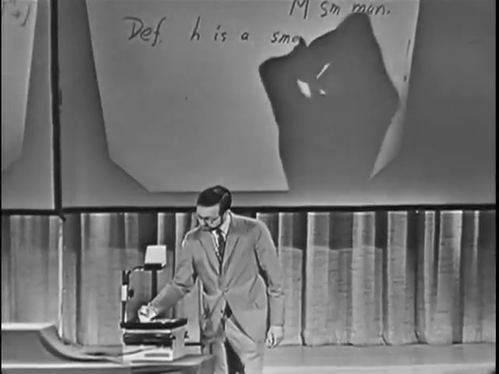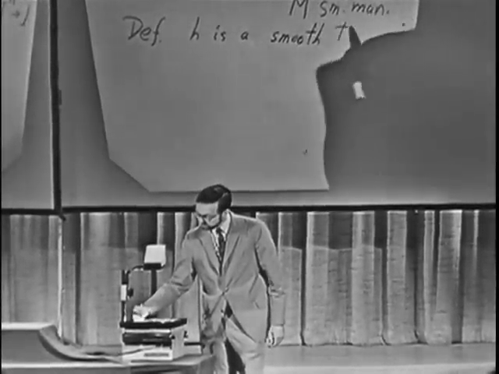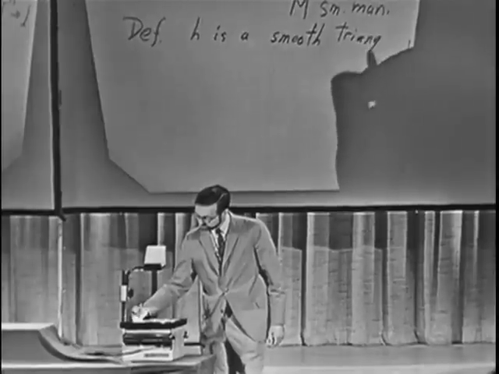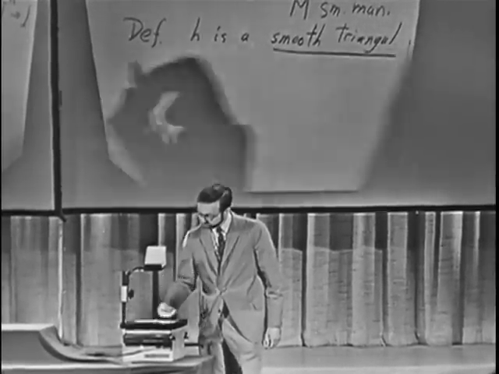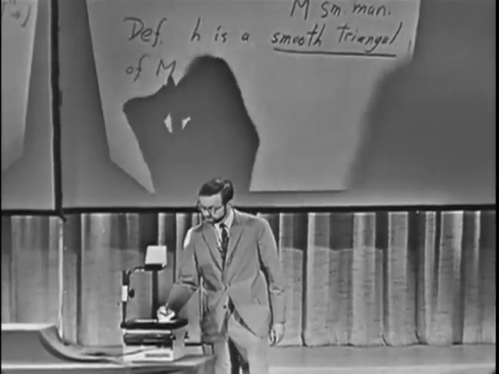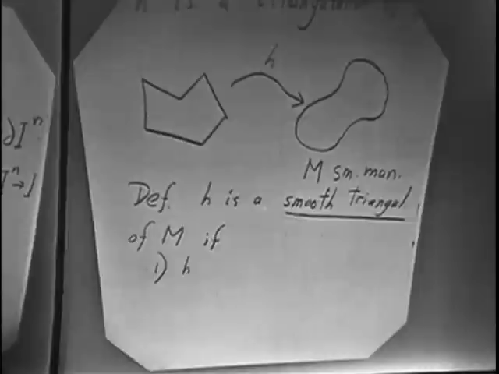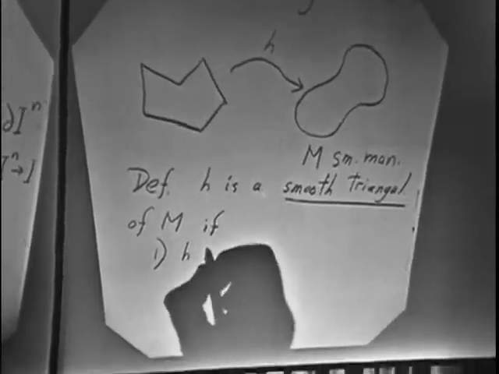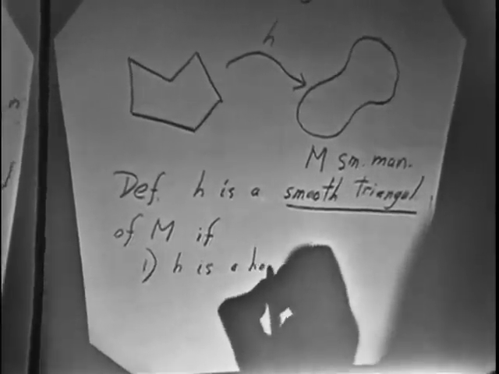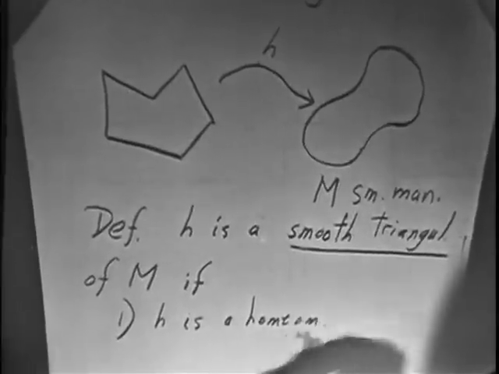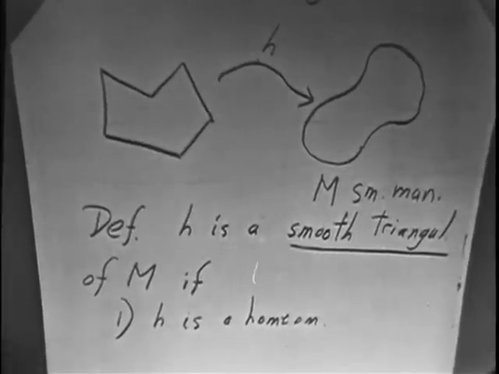Then I say by definition, H is a smooth triangulation of M if two conditions are satisfied. First of all, H, as before, to be a triangulation should be a homeomorphism. So H is a homeomorphism from a simplicial complex to a smooth manifold.